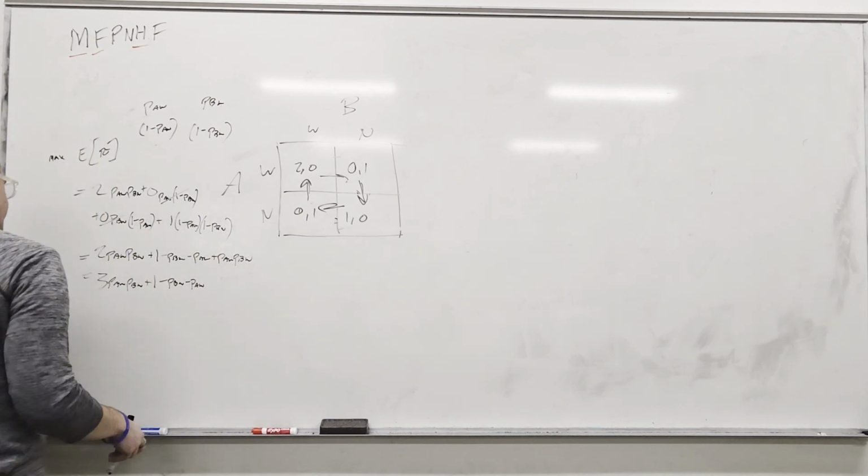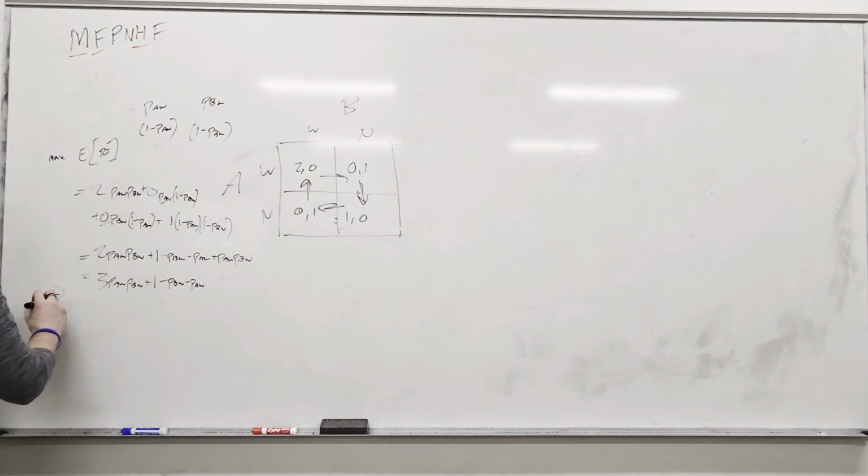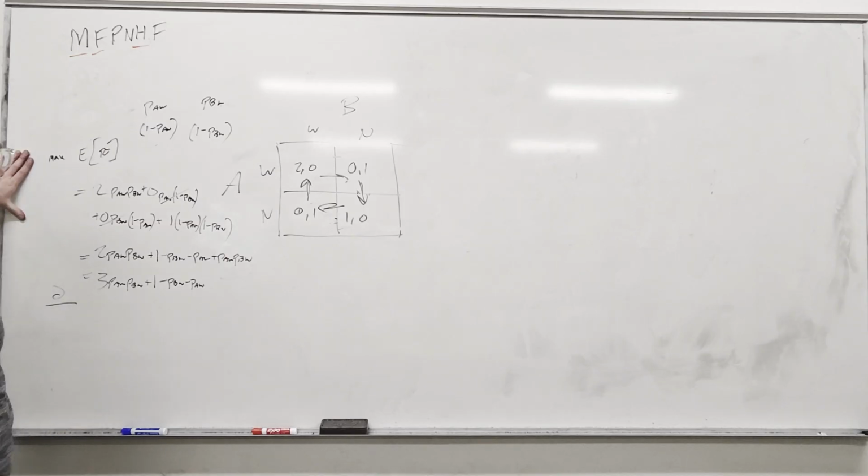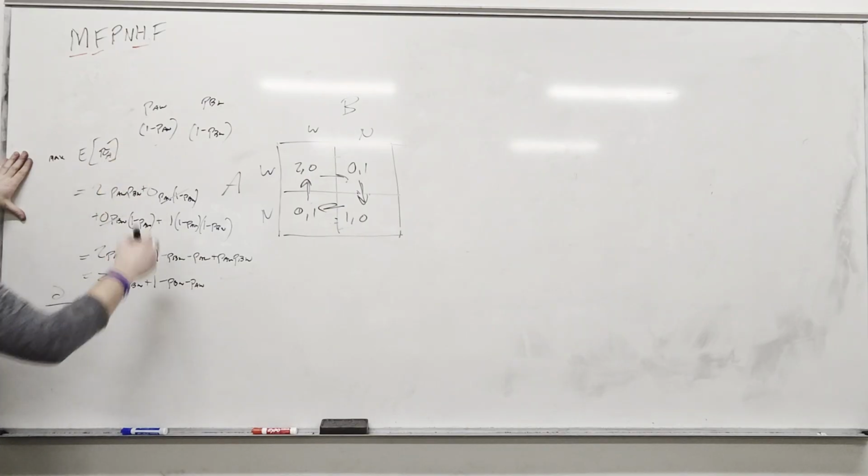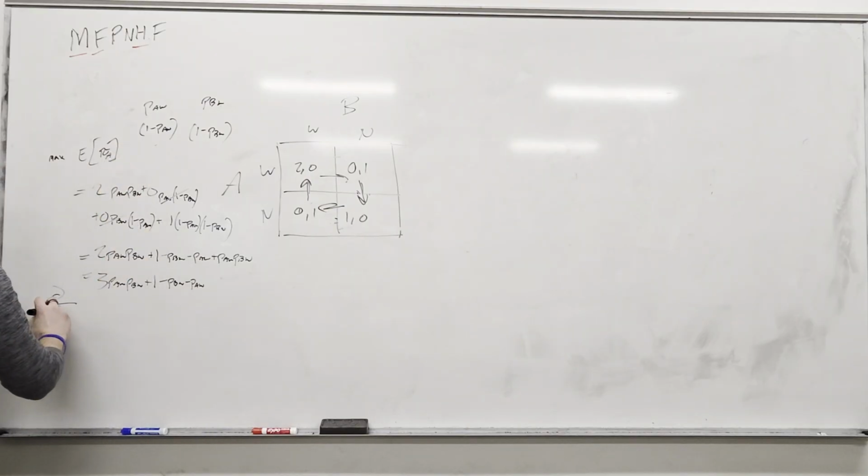Let's find out. So we're going to try and maximize this. And so what can A choose? We're looking at A maximizing their expected payoff. So they are going to choose the probability that they whip, the probability that A whip. So that's what we're going to maximize over.